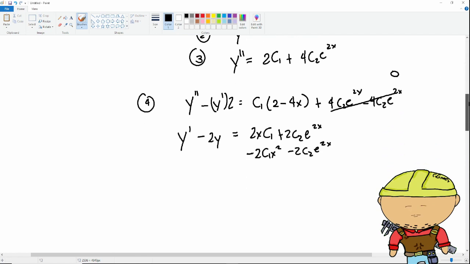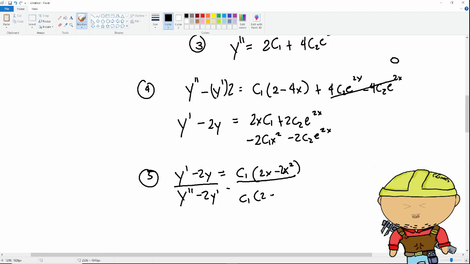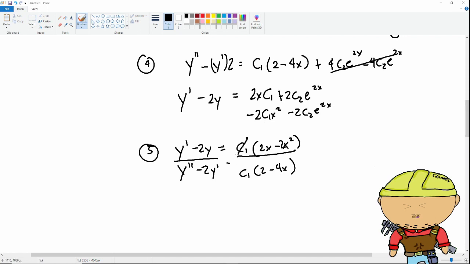So we will have now y prime minus 2y is equal to c1 times 2x minus 2x squared. That's our fifth equation. If we divide fifth by fourth, our fourth is c1 times 2 minus 4x, we can cancel c1 and just simplify our equation.